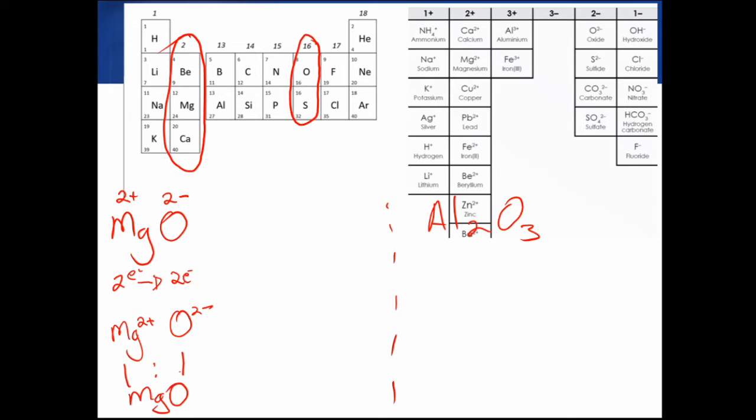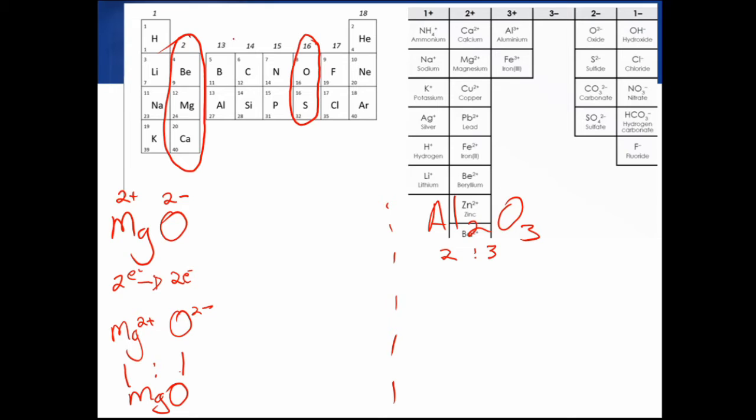Okay, now let's look at aluminium 2 oxide 3, or just aluminium oxide. I'm sorry, it is a 2 to 3 ratio. Why would it be a 2 to 3 ratio? Let's look at aluminium.